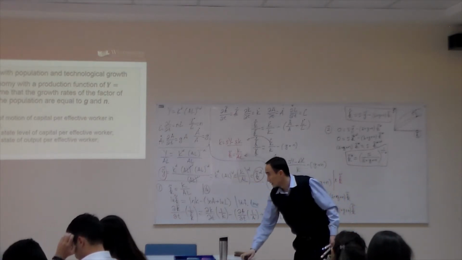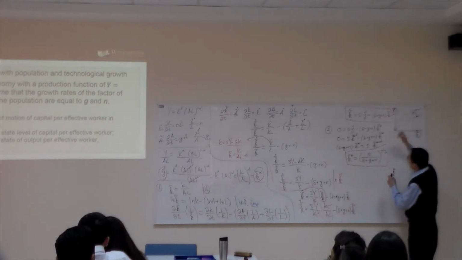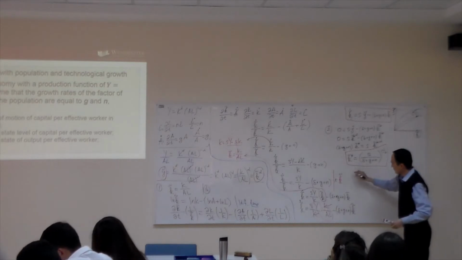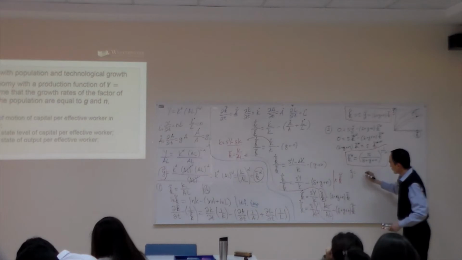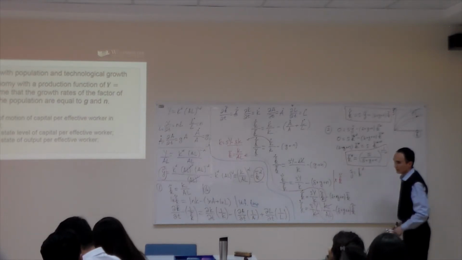And now we should find the steady state level of output per effective labor, okay? We already know what our output function is, right? Per effective labor, output is equal to capital per effective labor to the power of alpha.